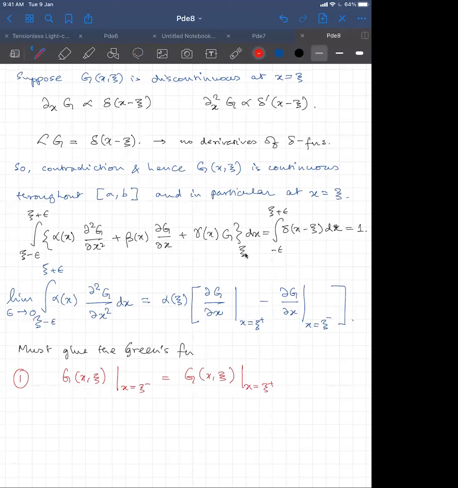So that's continuity. And number 2: del g/del x at x equal to psi plus minus del g/del x at x equal to psi minus is equal to 1 over alpha of psi. So this is the jump in derivative.